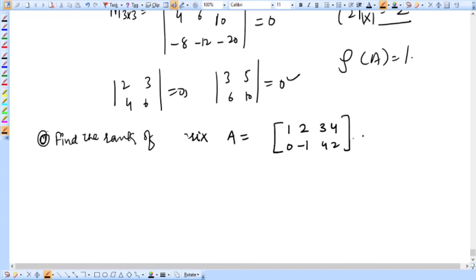Okay, see here matrix A is equal to 1 2 3 4, 0 minus 1 4 2, right?